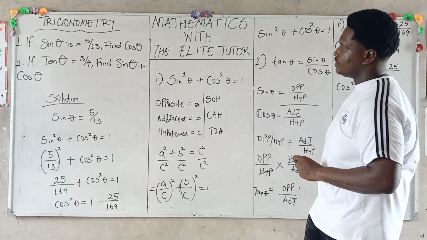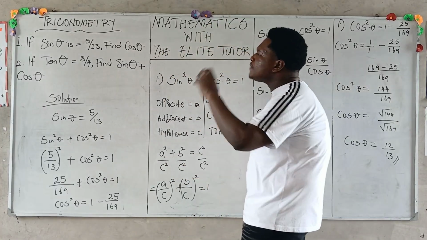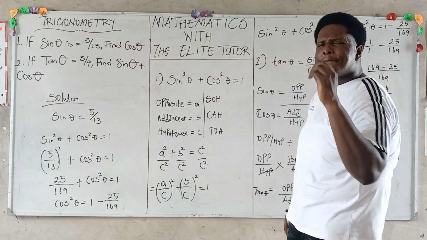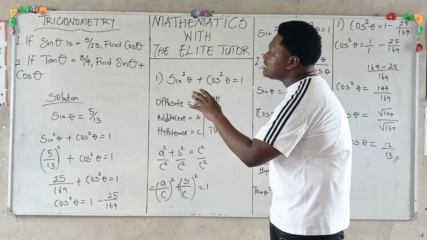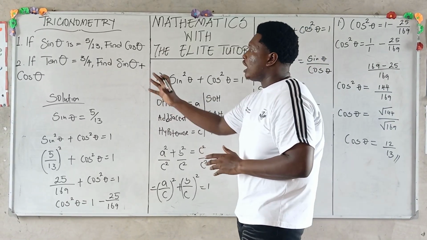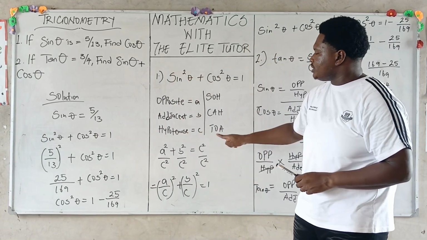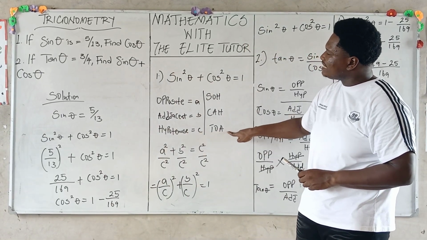Now we have our second question, which I will allow you to attempt and give me your answer in the comment section. So we have, if tan theta is 3 over 4, find sin theta plus cos theta. All you have to do is work in a right angle triangle. Don't forget that your tan is opposite over adjacent.